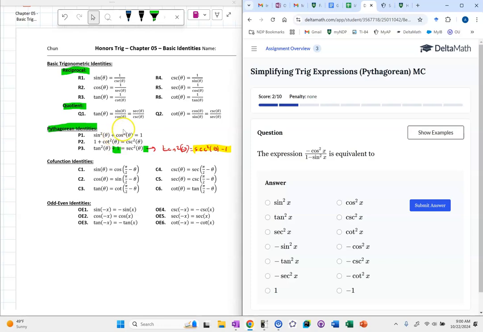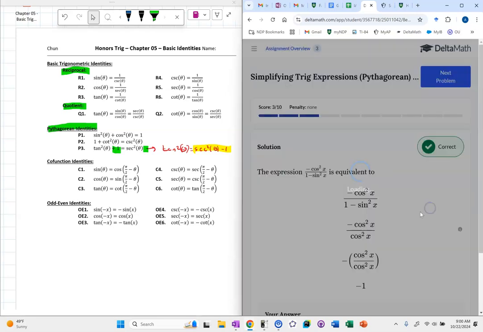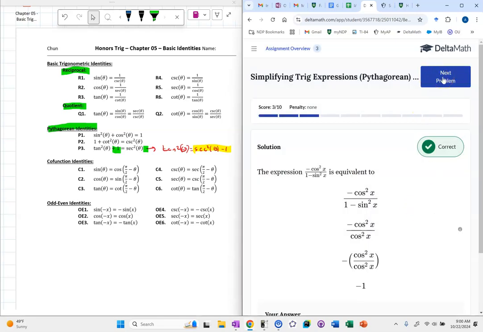So I know that I can replace 1 minus sine squared with cosine squared. So I have negative cosine squared over cosine squared. Well, the cosine squared is going to reduce to 1, so you're left with negative 1. And I hope at this point we get the idea.